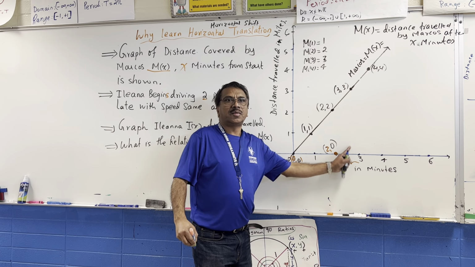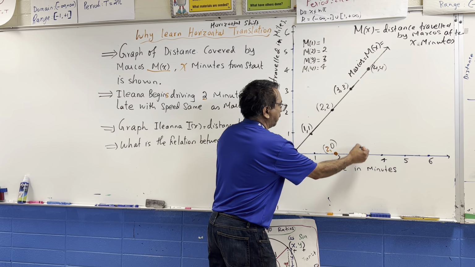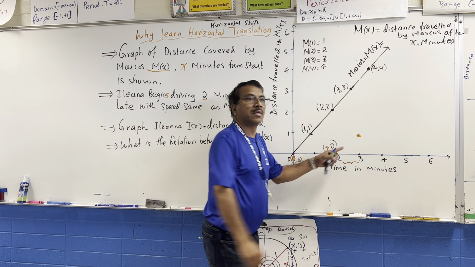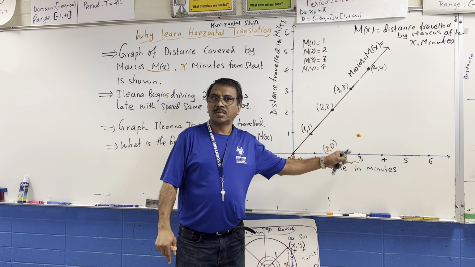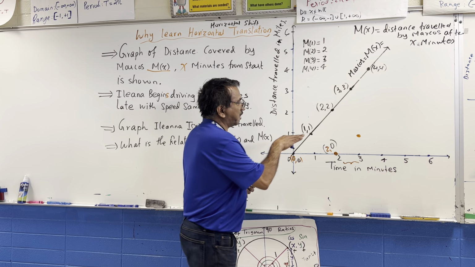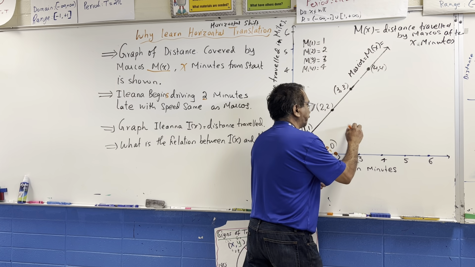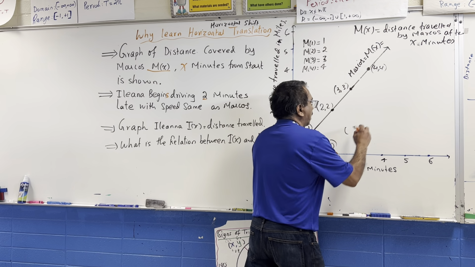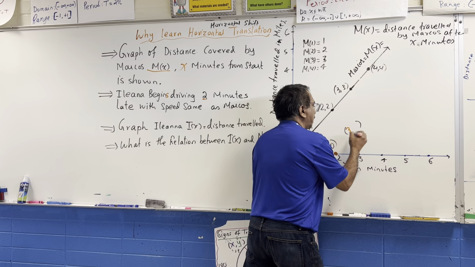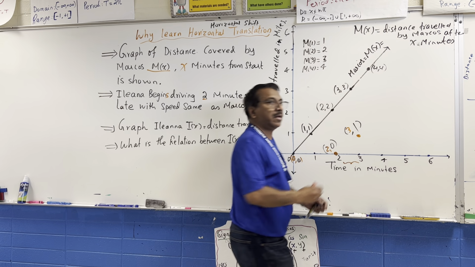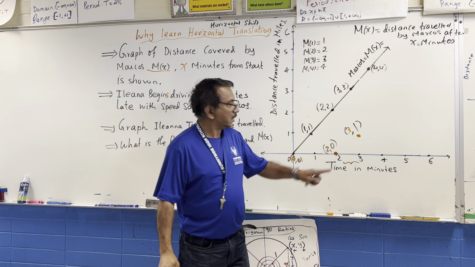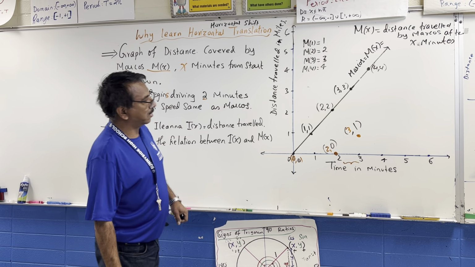The distance traveled will be this point. Agree? Do you agree with what I'm doing? So the distance is this one, 3. Let's write that. So this is 3 and 1. Agree? So this point is 3, 1.